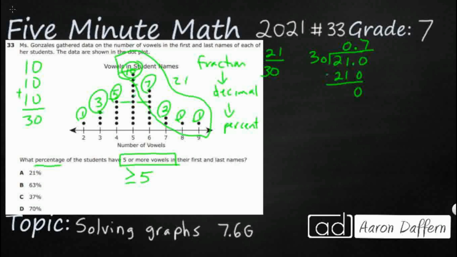Look what I could have done. I also could have done this. I could have done 21 over 30. I didn't reduce this at all. But both of those are multiples of 3. So I'm going to divide both of these by a factor of 3. Guess what I'm going to get? 21 divided by 3 is 7. 30 divided by 3 is going to be 10, so 7 tenths.